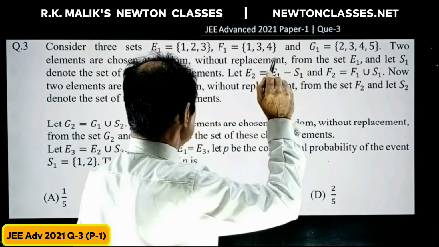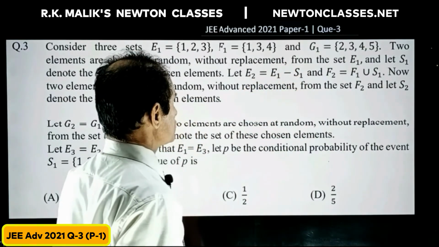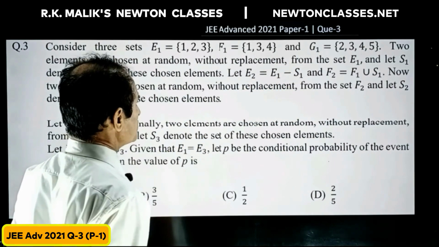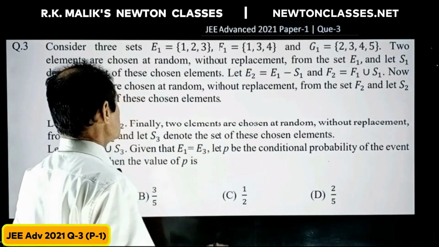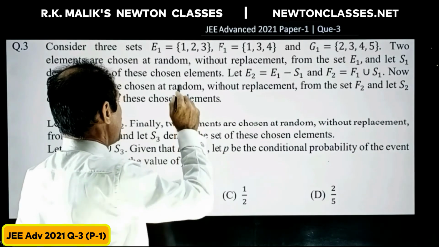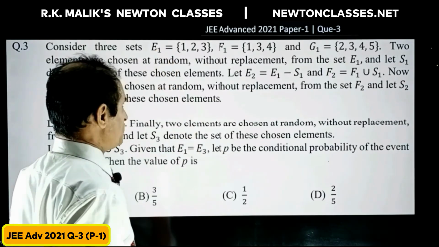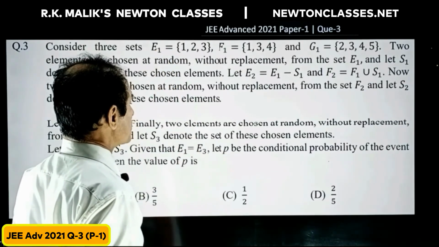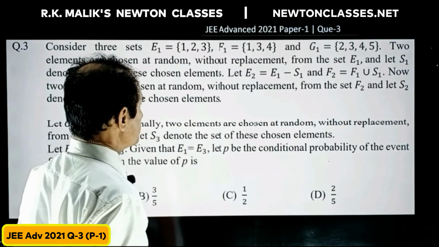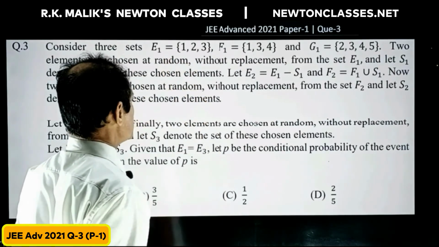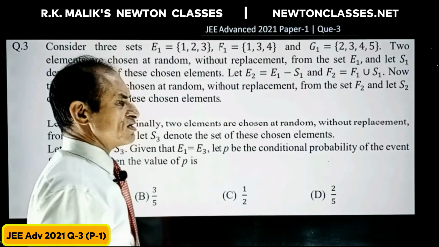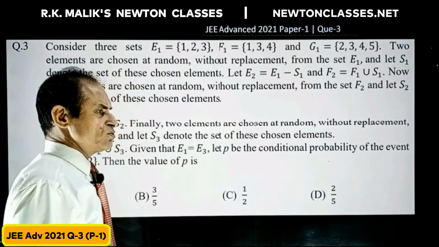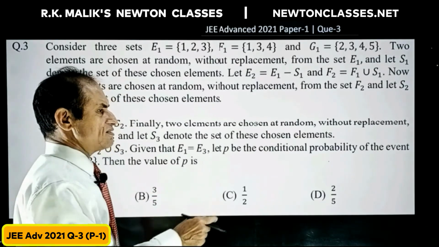And from G2, we finally choose two elements. It is found that those two elements are those elements which I initially had taken from E1. You have to find the conditional probability that in starting we had chosen the elements 1, 2. If still you have not understood the meaning, I would request you to listen this once again.